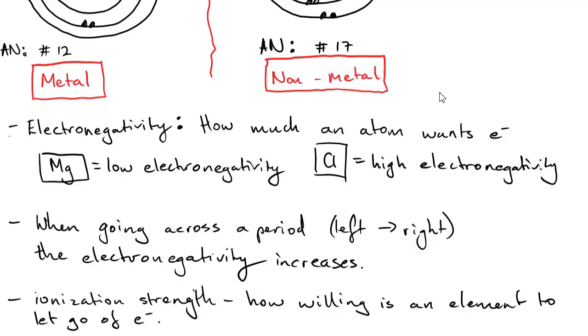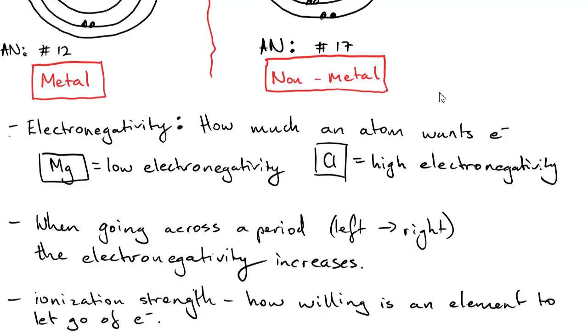So you can see that with magnesium, it's very willing to let go of those electrons, whereas chlorine is not very willing to let go of 7 electrons. So if you try to extract an electron out of the valency shell of a chlorine atom, it's not going to be happy.